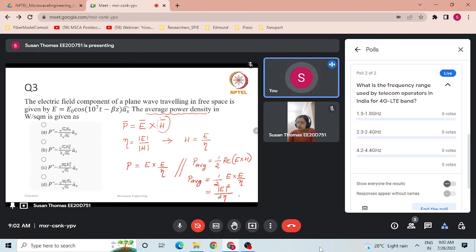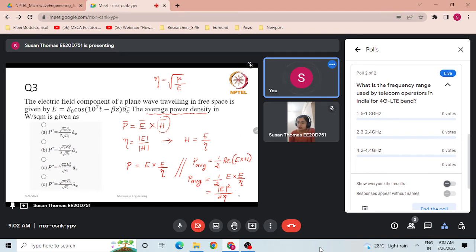We all know eta is equal to root of mu by epsilon. So this is the permeability in free space and permittivity in free space. So this is the intrinsic impedance of free space.